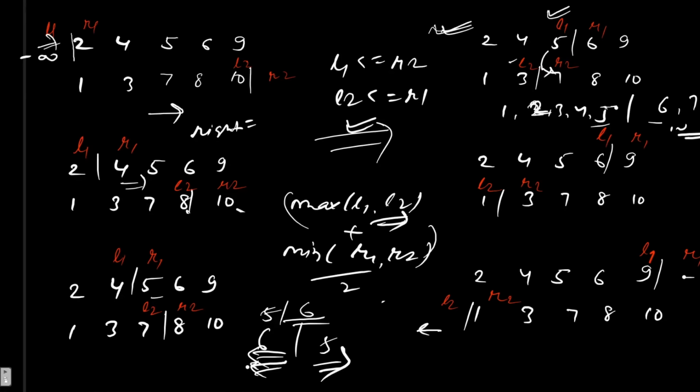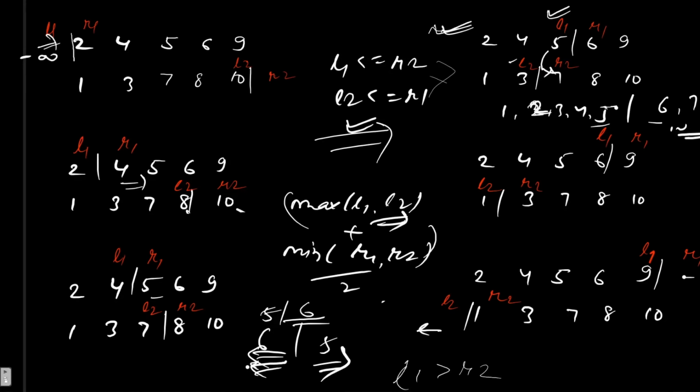One second. First we have to verify that condition. How can we check that this is not the valid one? Whenever we encounter that any of these conditions is violated, we can say that this is not valid. If the first condition is violated, that means L1 is greater than R2.